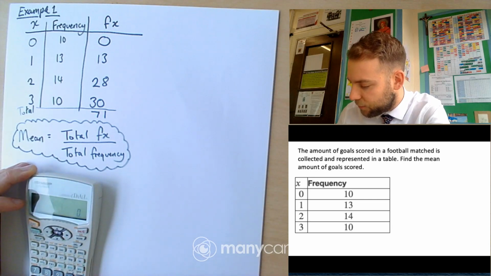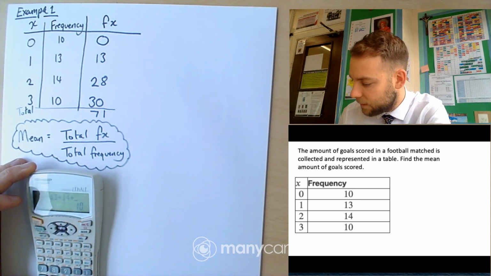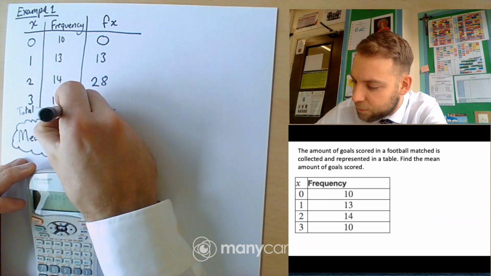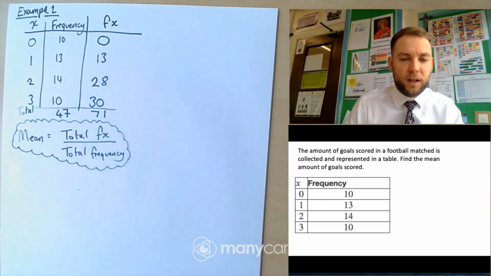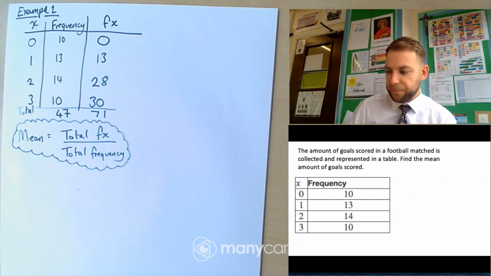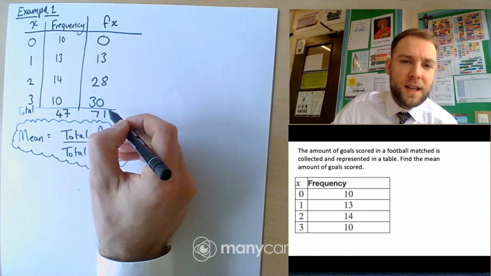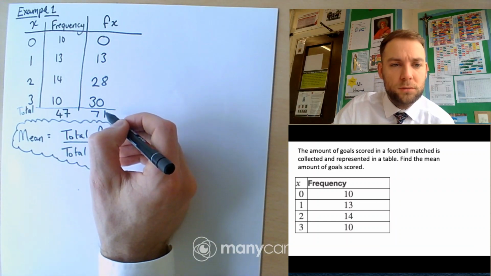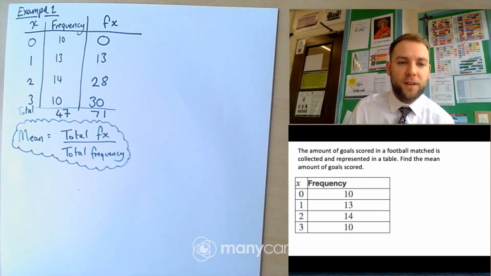And our total frequency, which is 10 plus 13 plus 14 plus 10, is equal to 47, which means they've played 47 games, so quite a lot of games. So this here will represent the total amount of goals scored. This here represents the amount of games played.